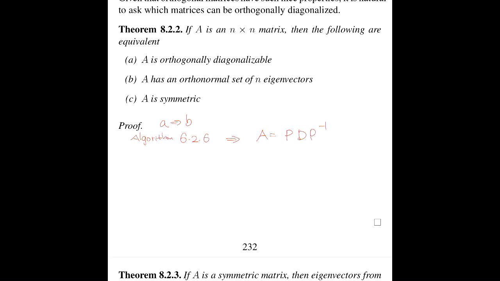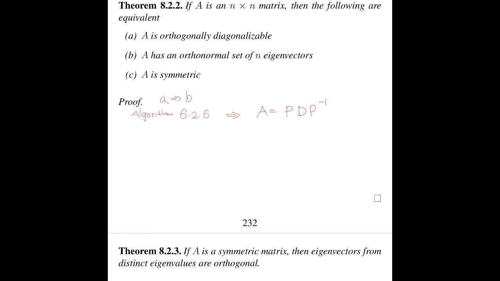How we do that is in this algorithm in chapter 6. And in that algorithm, how do we find this P and D?